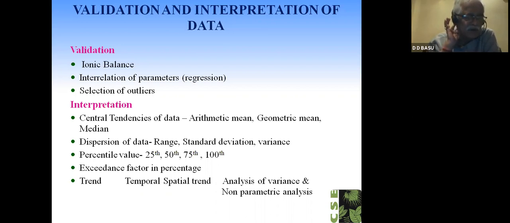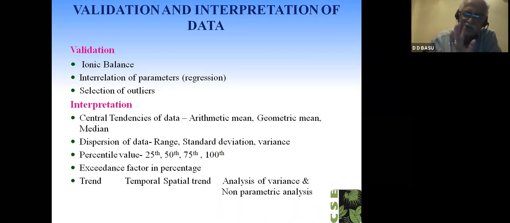Generally, you can go for the percentile values, 25th, 50th, 70th. If the 50th percentile value is more than the standard, then you are rejecting. This should not go to that place. It will create a problem, I'm telling you. Trends: temporal means year to year, spatial means one station to another station.